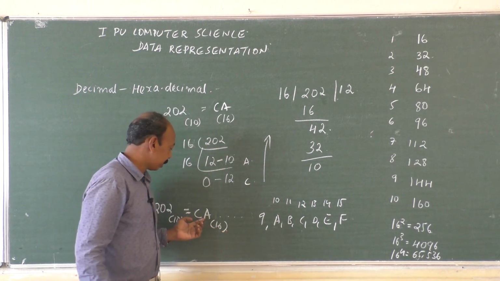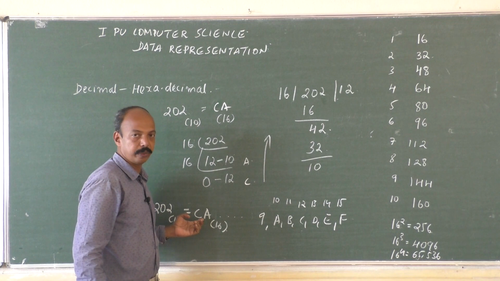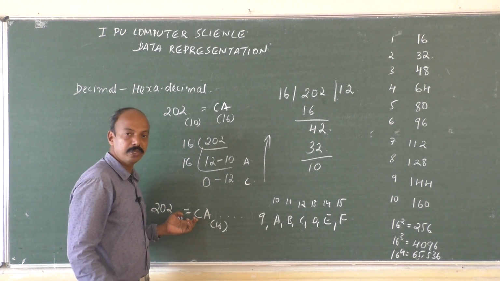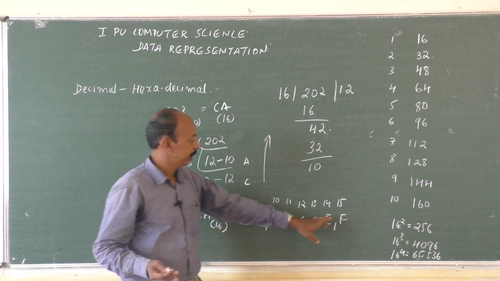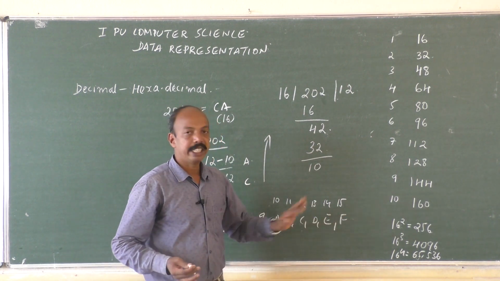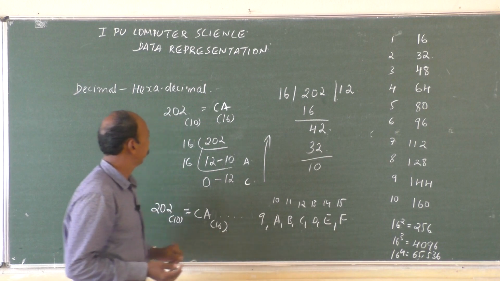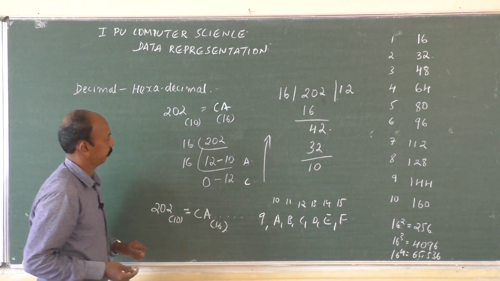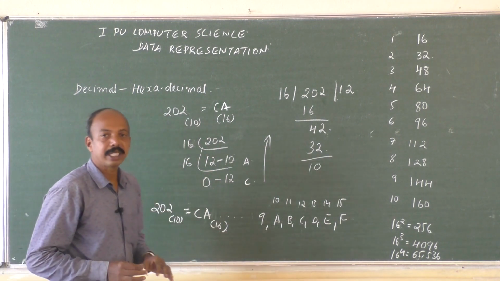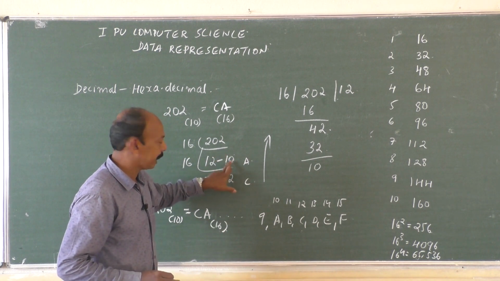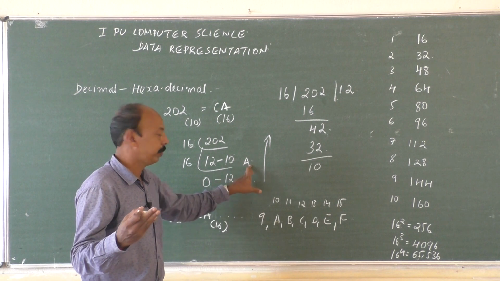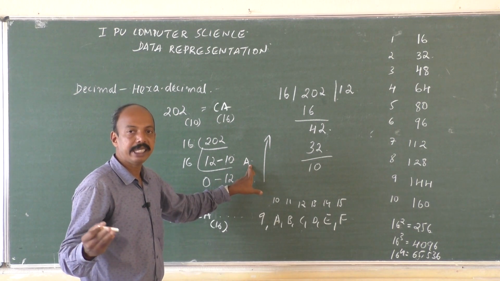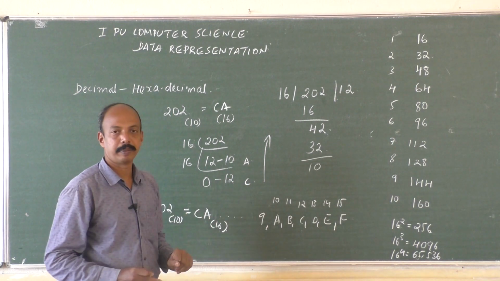Don't think that it has to come only in A, B, C, D, E, F. No. We can have the combination of 1, 2, 3, 4, 5, 6 till 9 and A, B, C, D, E, F. Hope that's understood. Only this part, be careful. If the numbers are 10 and above, convert it to equivalent A, B, C, D, E, F, then write the number.